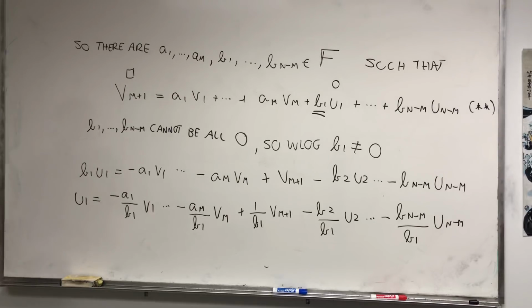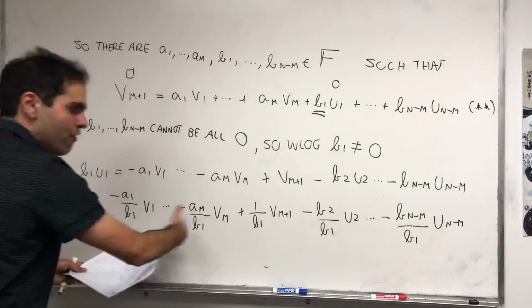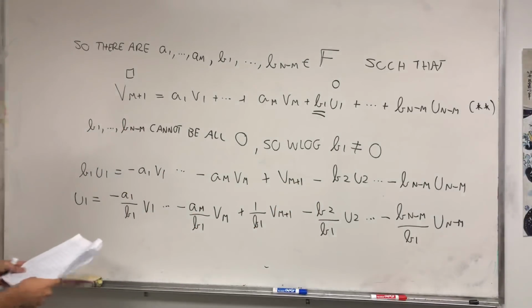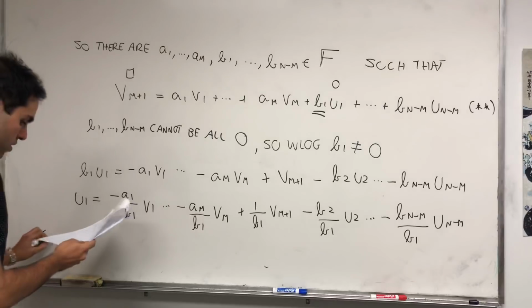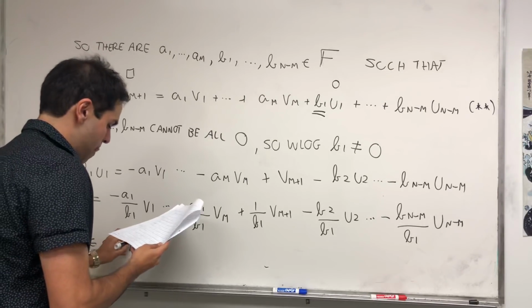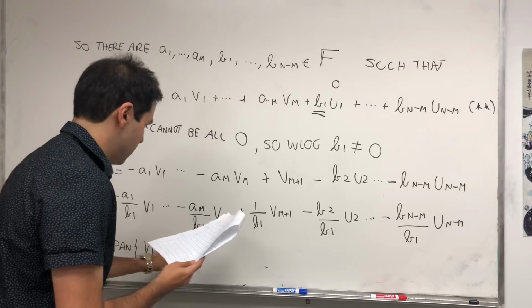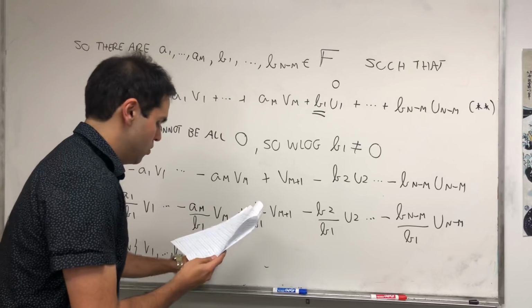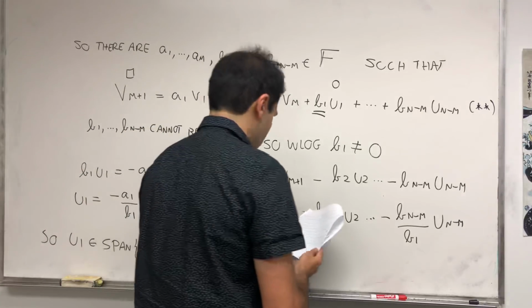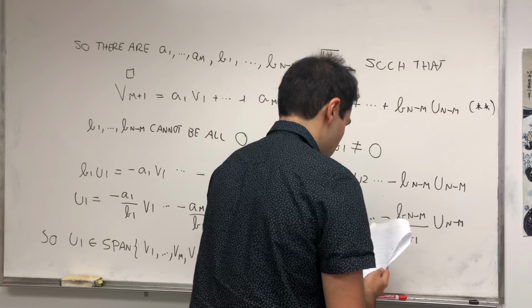And therefore, this dot is in the span of the bigger squares and fewer dots. So U1 is in fact in the span of V1 up to Vm, V_{m+1}, U2, dot dot dot, U_{n-m}. Call this triple star.